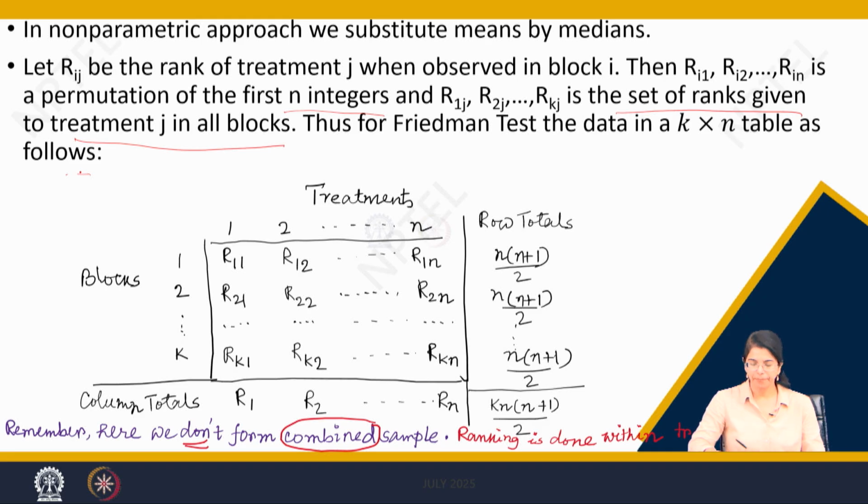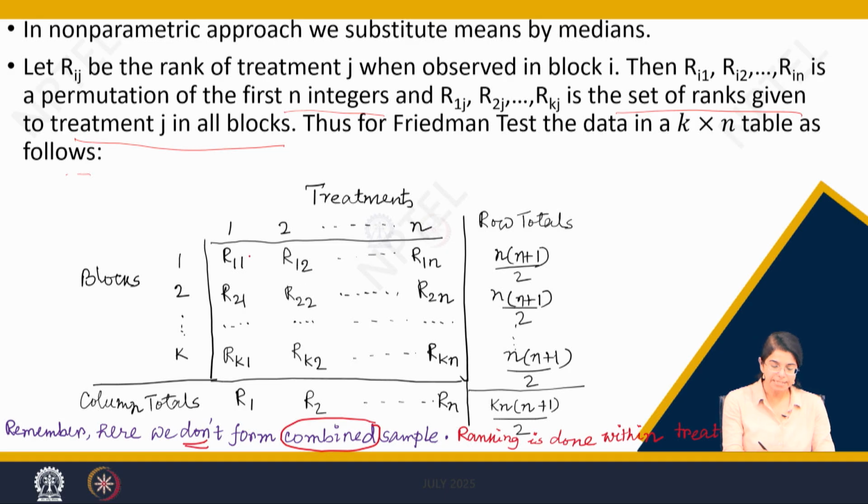One point you have to remember, an extremely important point while doing the Friedman non-parametric two-way ANOVA: this ranking R11, R12, ..., R1n, the ranking is done within the block.